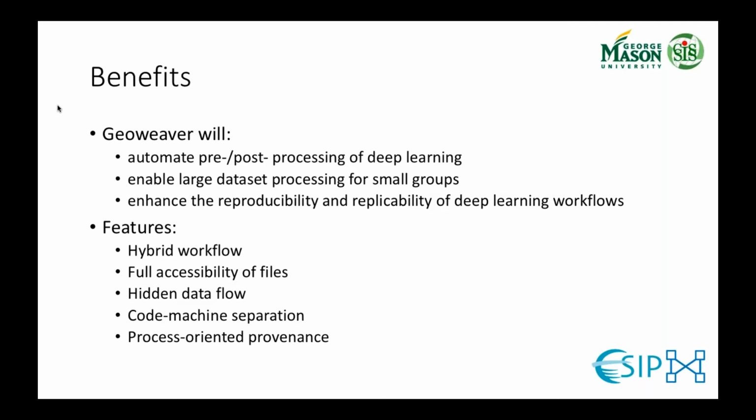And our unique features, which make Geoweaver a very unique solution in the existing market of workflow management system, is we have these 5 features. It can compose hybrid workflow, and it allows you to fully access the files, and it allows the hidden data flow, and it separates the code from the real machine.